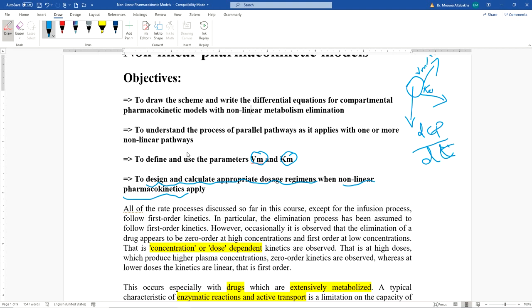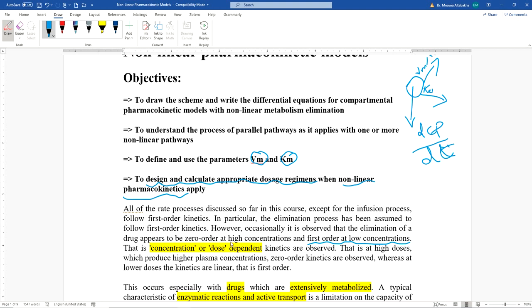A drug that may be eliminated by first order at low concentration. Okay, then if I'm giving a low dose, maybe a single dose, at low concentrations we have first order elimination.